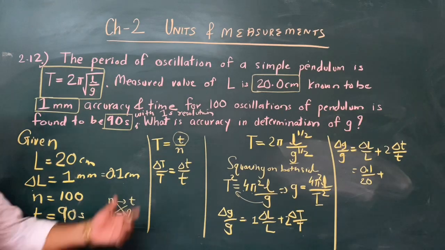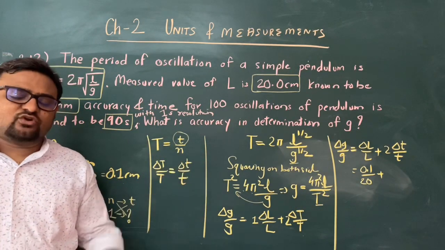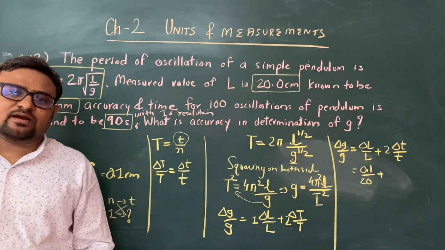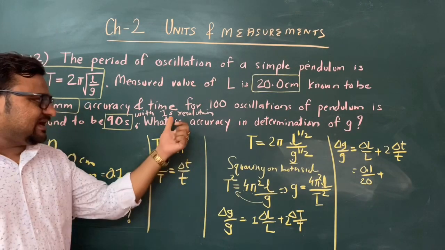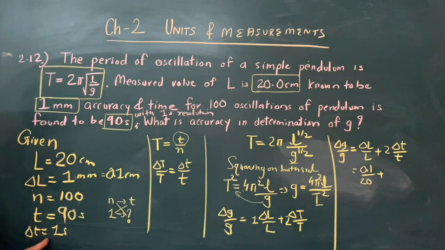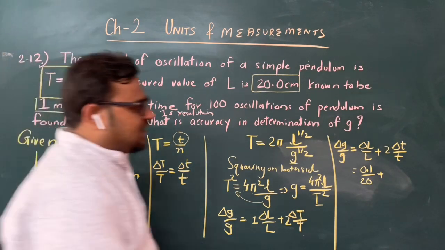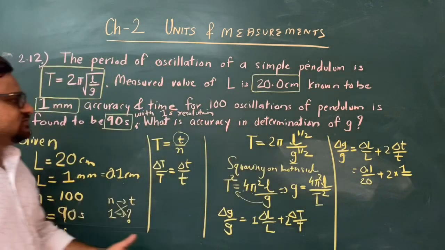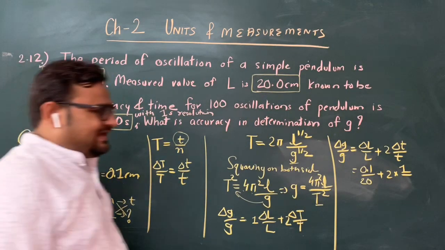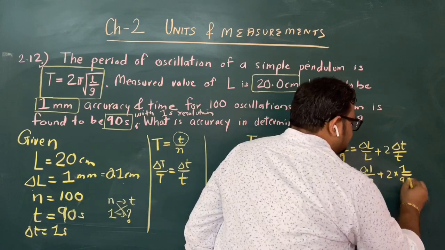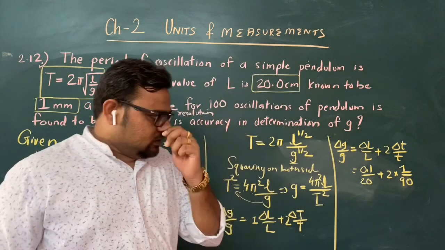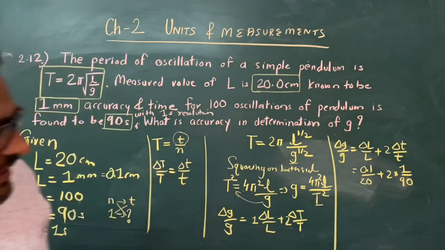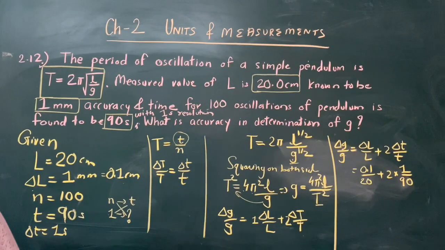See, it is given that it is measured with a wristwatch, and you know that a wristwatch's minimum measurement is 1 second, so its least count, that is delta t. So instead of delta t, I will write 1, and small t is 90. Clear? So now let me calculate it. 0.1 divided by 20.